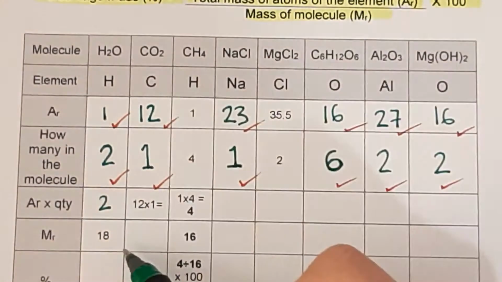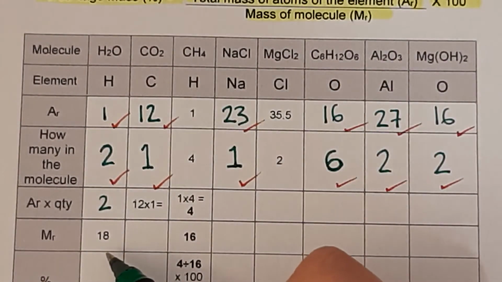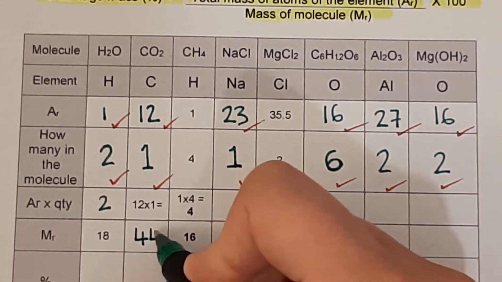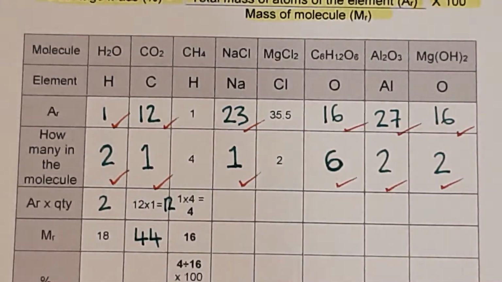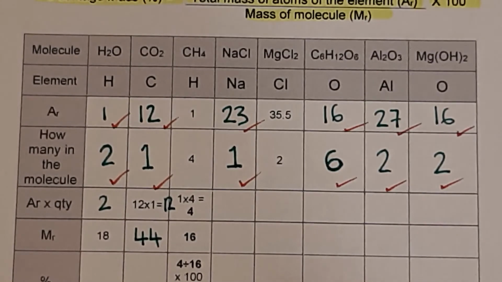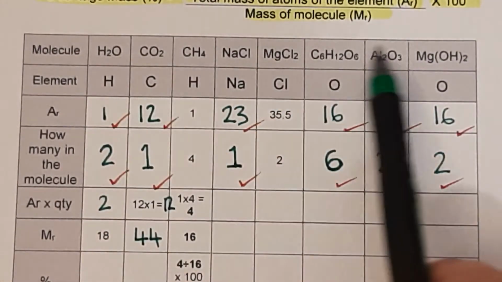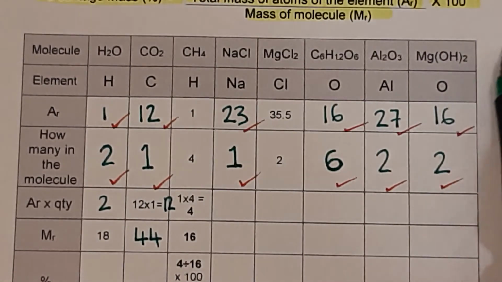Here we have H2O, 18, because that's what it's asking for. For carbon dioxide, it's 44. So pause the video and complete the rest of these columns for me, calculating the total molecular mass of each of these molecules. Okay, pause the video whilst you do that.